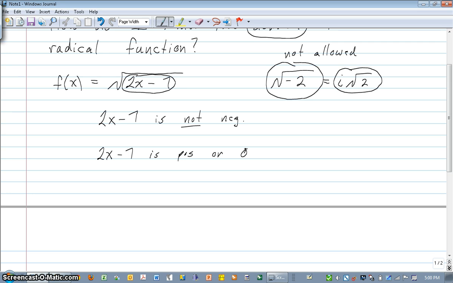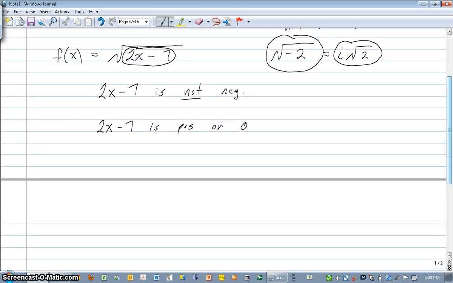And there's a nice mathematical way to express that. 2x minus 7 must be set greater than or equal to 0. Now if we solve this inequality for x, then we will have found the x values that will keep 2x minus 7 greater than or equal to 0, or, in other words, not negative.